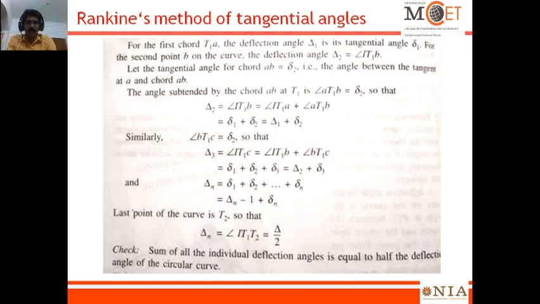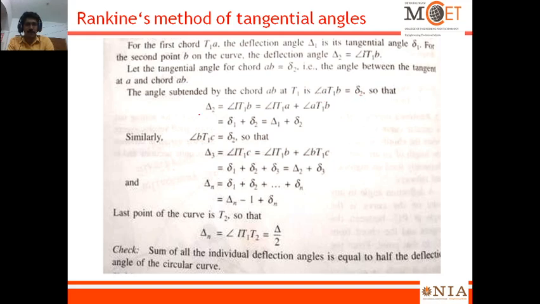So already I have explained that for the first chord T1A, the deflection angle del 1 is its tangential angle del 1. For the second point B on the curve, the deflection angle Del 2 is angle IT1B. Let the tangential angle of the chord AB be equal to del 2. That is the angle between the tangent at A and the chord AB. The angle subtended by the chord AB at T1, angle AT1B, is equal to del 1.